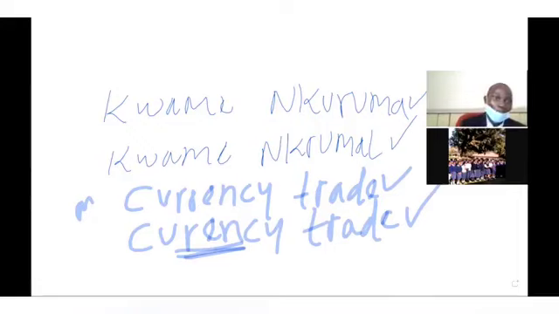So please make sure you write the correct spellings to avoid losing a mark. But you will not be penalized if the meaning is not affected. So give the correct number of years. Don't give the wrong years.